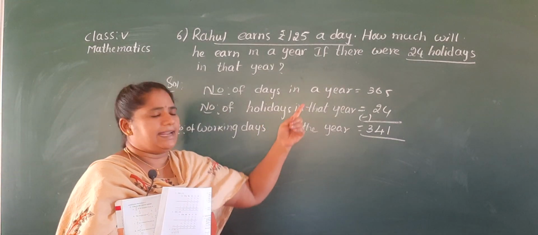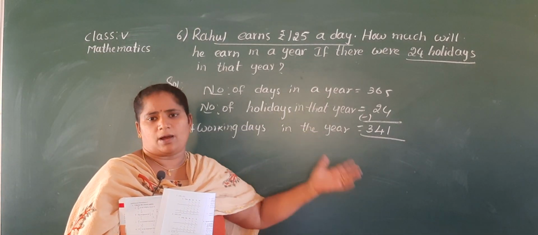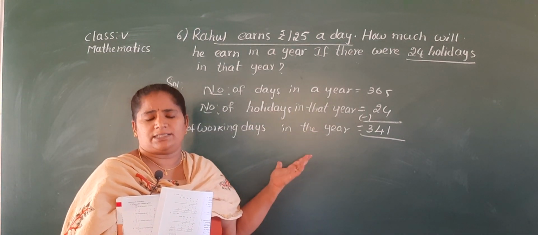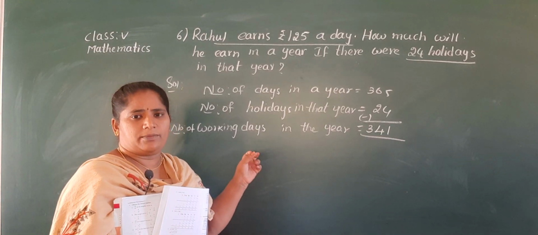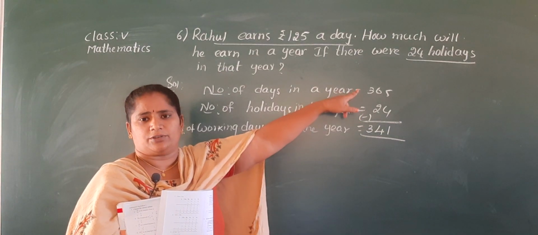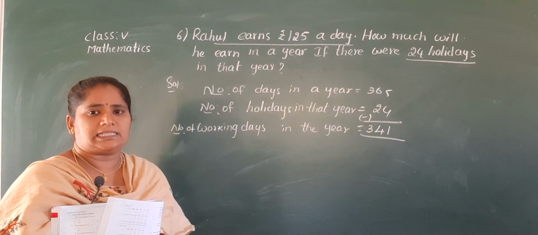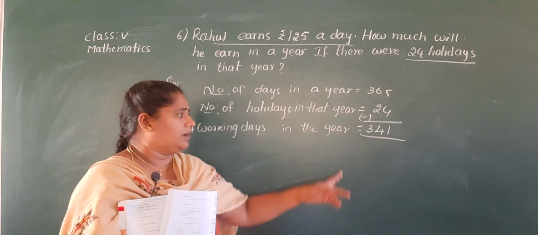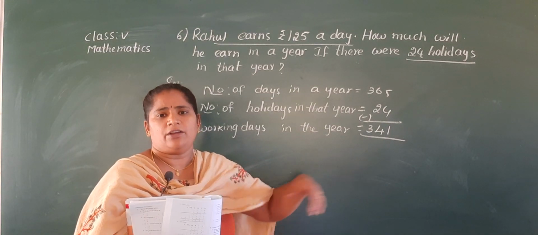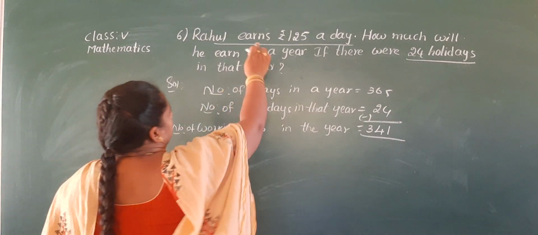There are 365 days in a year, Nana. 24 days are holidays. So now how many days working? So working days how many, Nana? How do you get this? If you subtract the holidays from the total days, then we can get the working days. So 365 minus 24. So it equal to 341.